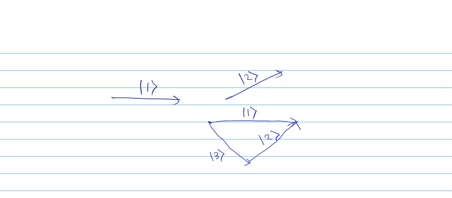From here we can see if we have 2 times 1 and 1 times 2, we can form 3. So here 1 and 2 are linearly independent vectors, but 3 is not. 1, 2 and 3 is not a linearly independent vector set.